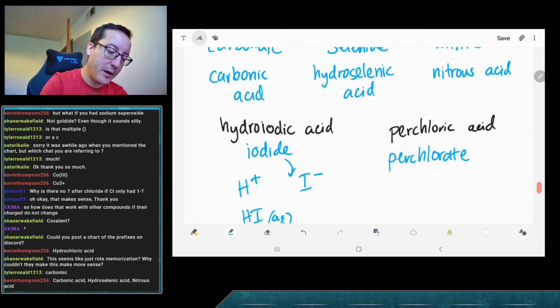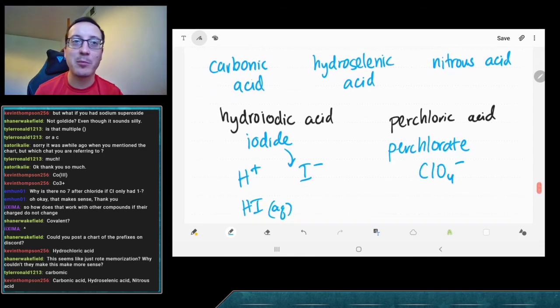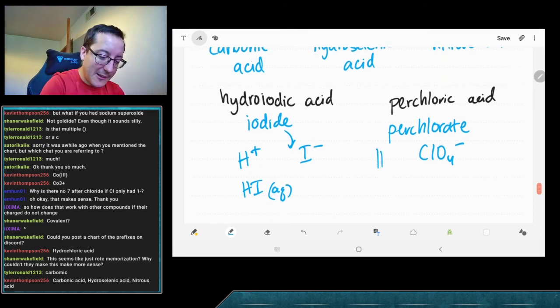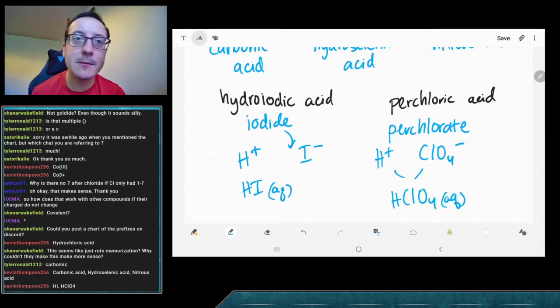We look at our periodic or polyatomic ion chart. We find out that perchlorate is ClO4-. Again, we need H+ in here. So we put these guys together. HClO4 aqueous. Yes, very nice, Kevin.